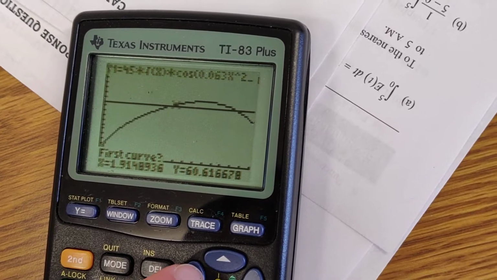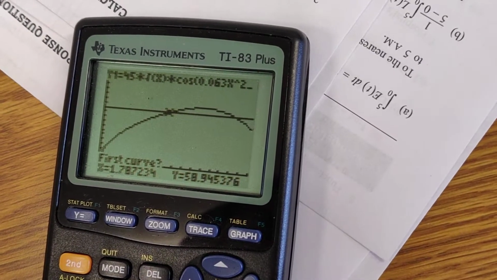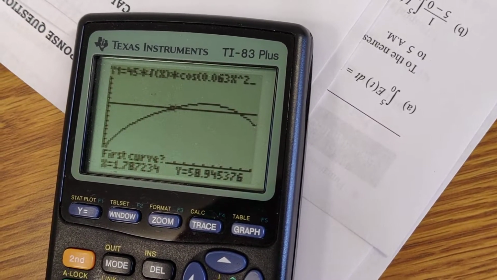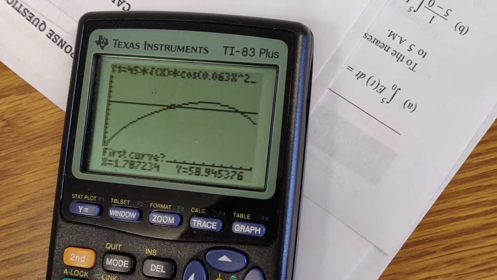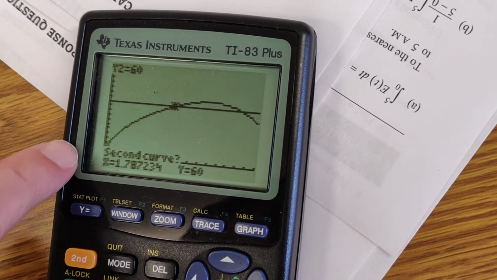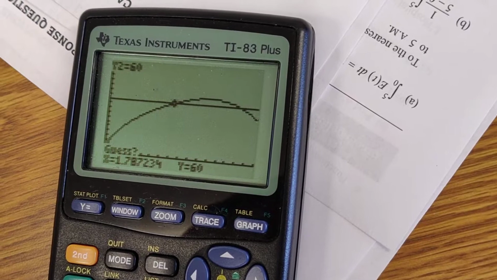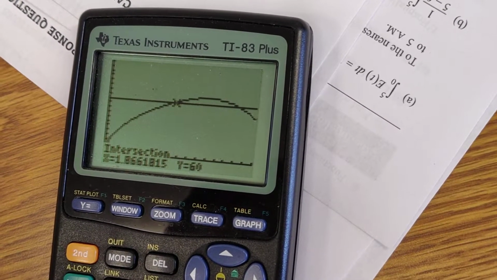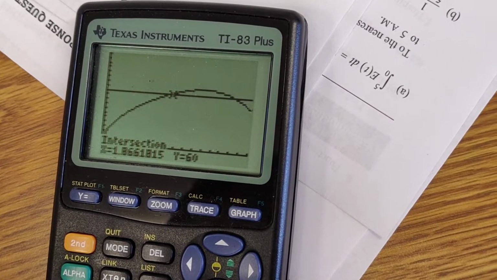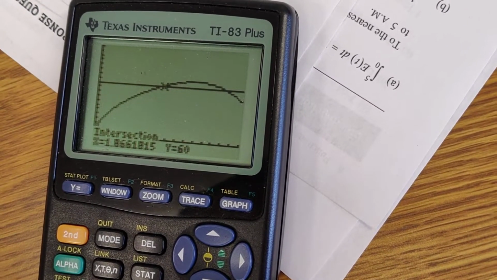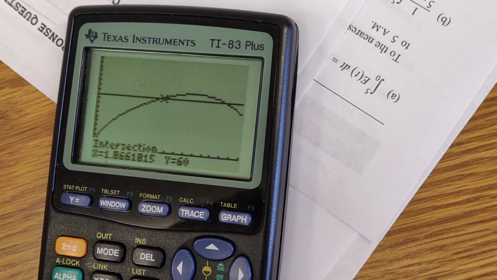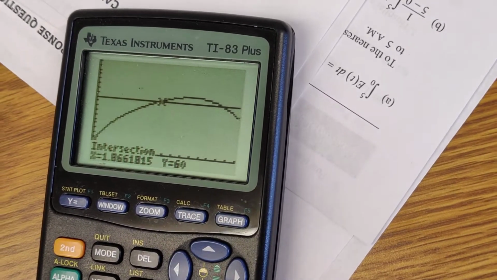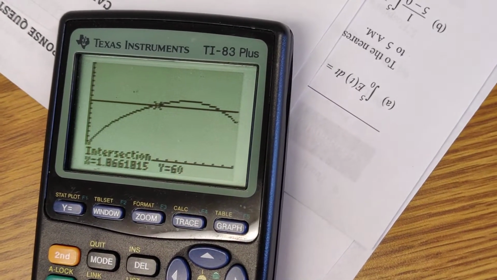I'm going to use the right arrow, and it looks like I got to the point of intersection. First curve, just press enter. Second curve, press enter. Guess, press enter. And we get 1.866. Because I don't want to forget this time, I will write it down and I will be right back.